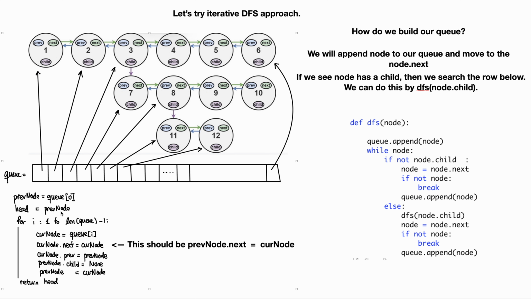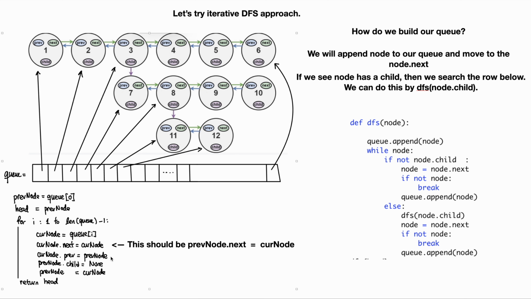We will be running a for loop from 1 all the way to the end, and our current node will be, if i is equal to 1, then current node will be pointing to this guy, and this should be, sorry, previous node.next. Previous node was this guy, so previous node.next will be pointing to this guy, and then current node.previous will be pointing to previous node.